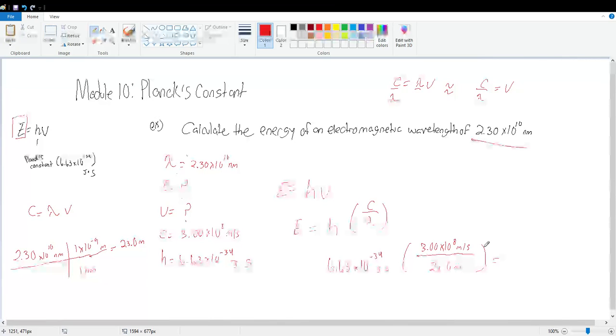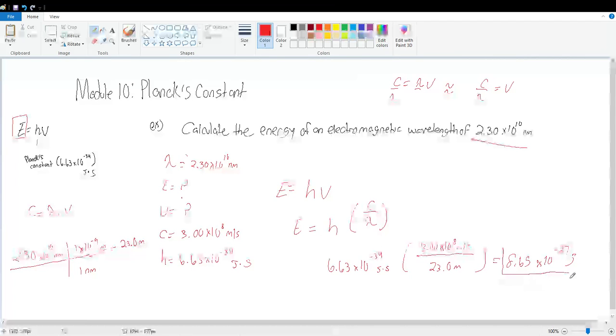Once we calculate this on a calculator, we get a value of 8.65 times 10 to the negative 27 joules. So E equals 8.65 times 10 to the negative 27 joules. That is the answer to our problem.